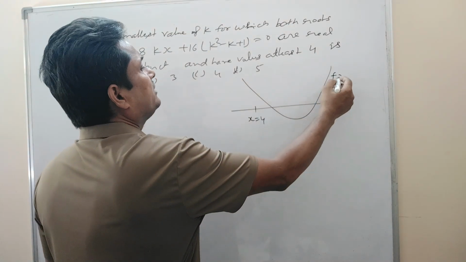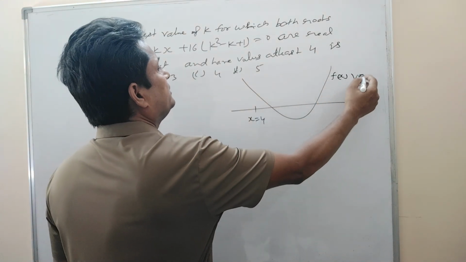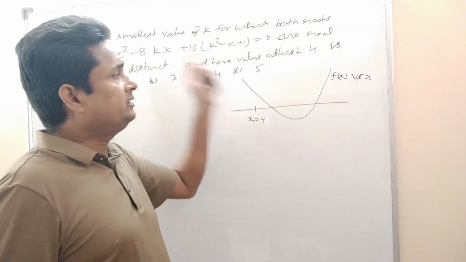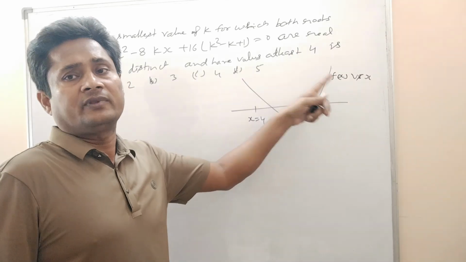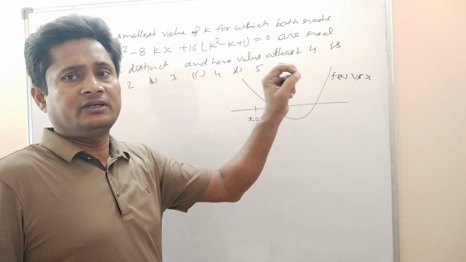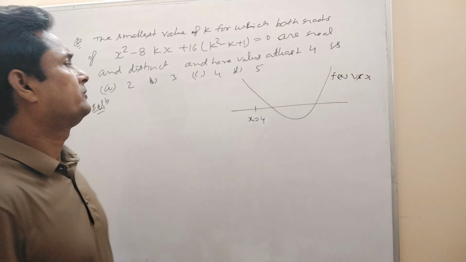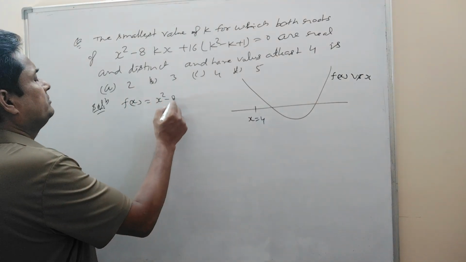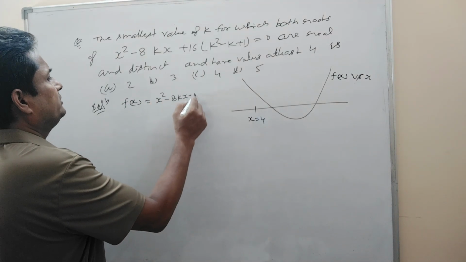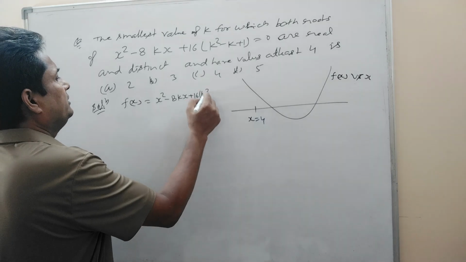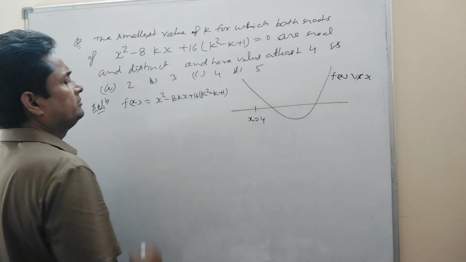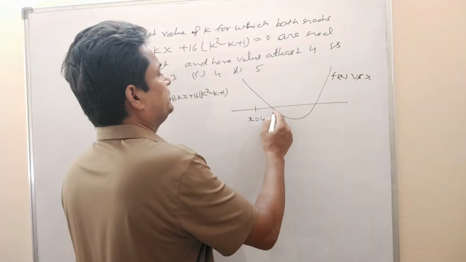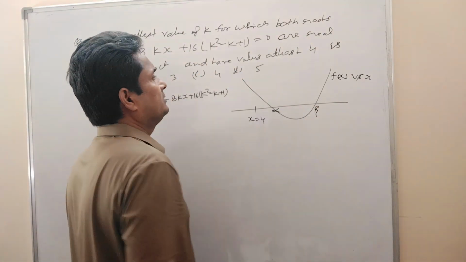If we draw the graph of fx versus x, here coefficient of x square is 1, so directly we can take it as fx. That means a is equal to 1, already it is upward parabola. So we can take fx is equal to x square minus 8kx plus 16 times k square minus k plus 1. This is the quadratic expression, and these are the alpha beta.